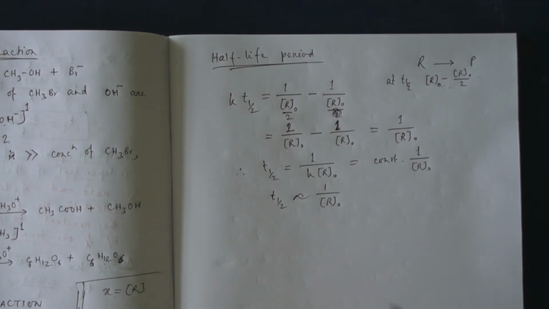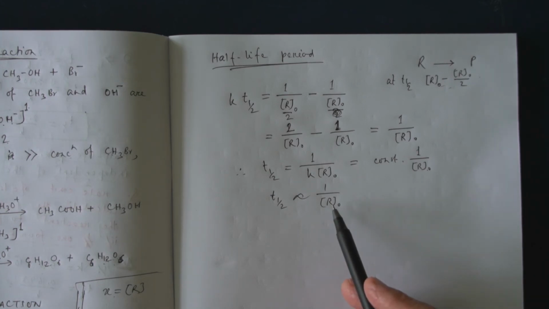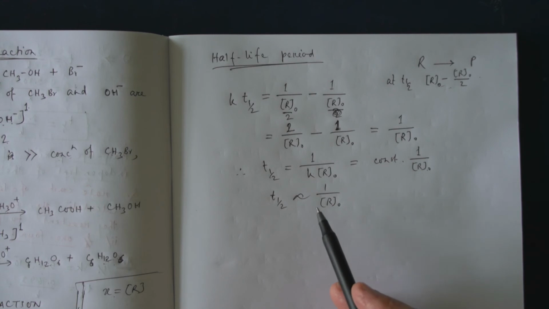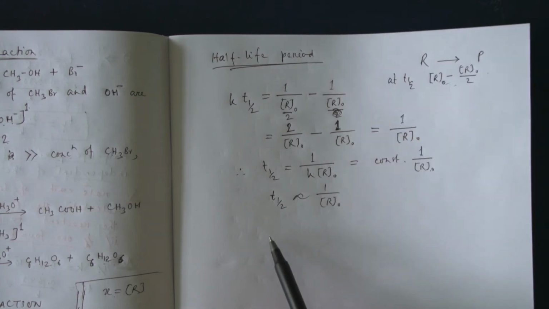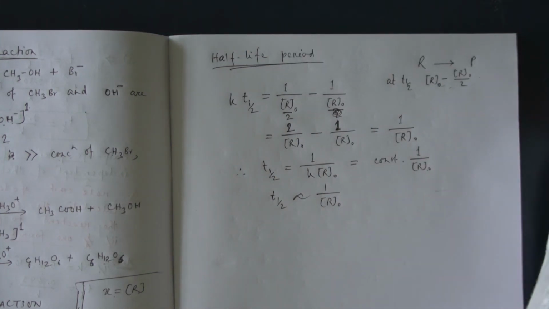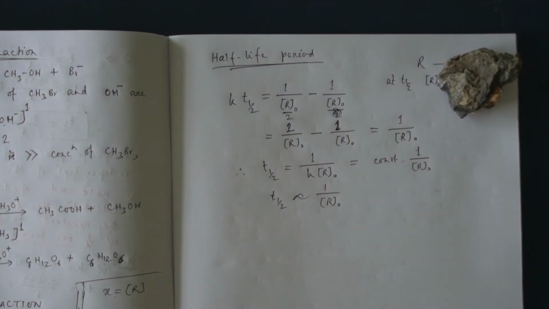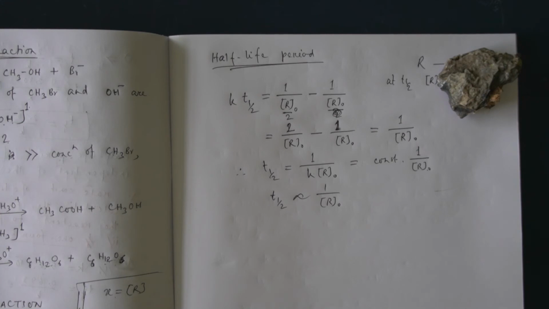The half-life period of a second order reaction again depends on the initial concentration of the reactant. But the half-life period of a first order reaction does not depend on the initial concentration of the reactant.